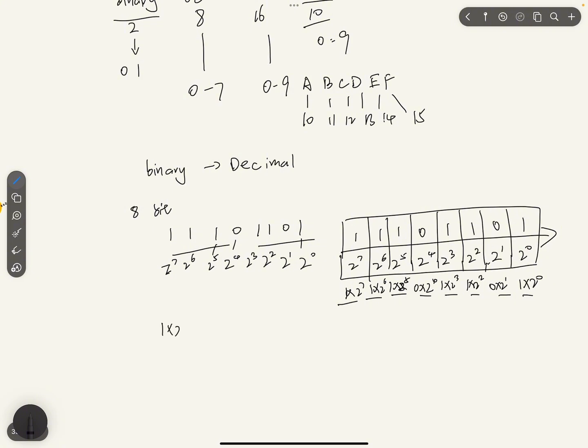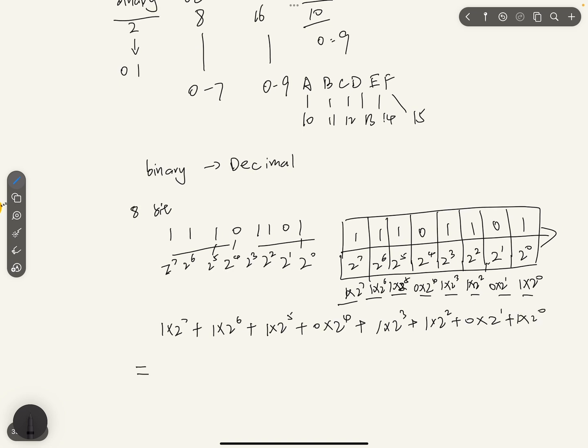So we have 1 times 2 to the 7 plus 1 times 2 to the 6 plus 1 times 2 to the 5 plus 0 times 2 to the 4 plus 1 times 2 to the 3 plus 1 times 2 to the 2 plus 0 times 2 to the 1 plus 1 times 2 to the 0.